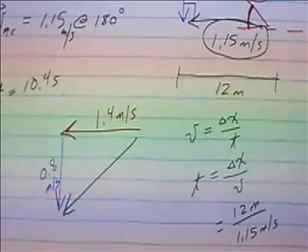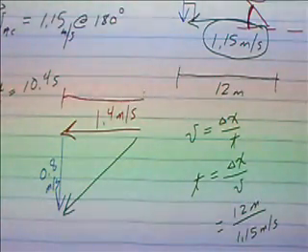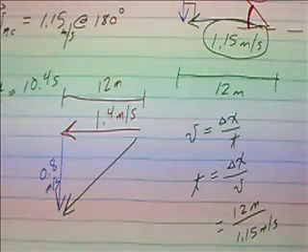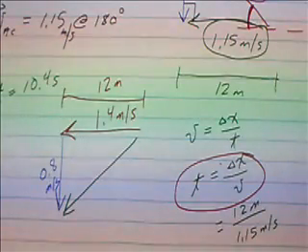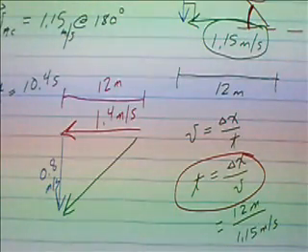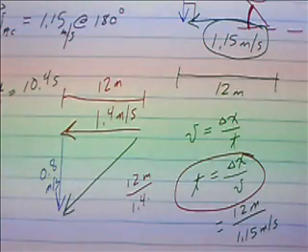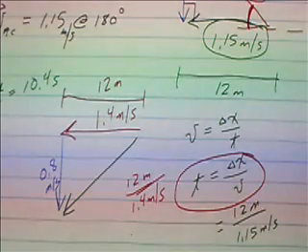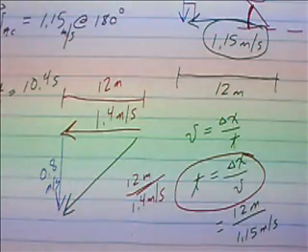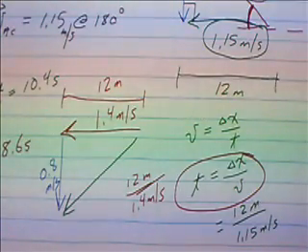But since, again, the only distance we have is the distance directly across the river, we have to use this relationship to find the time, which is 12 meters divided by 1.4 meters per second straight across the river. And when she does that, she manages to make it across in 8.6 seconds.